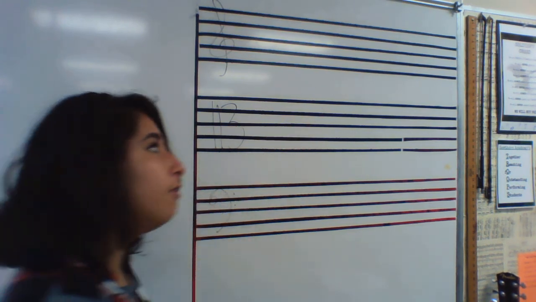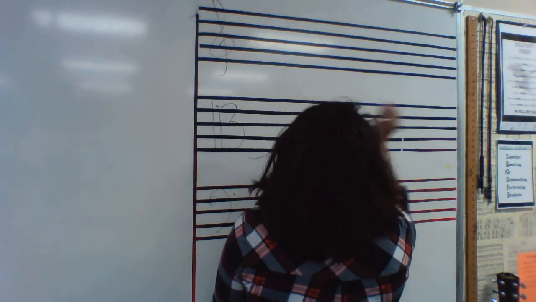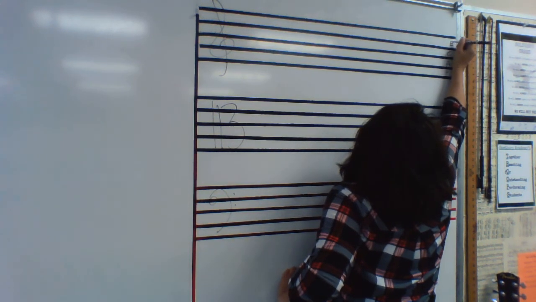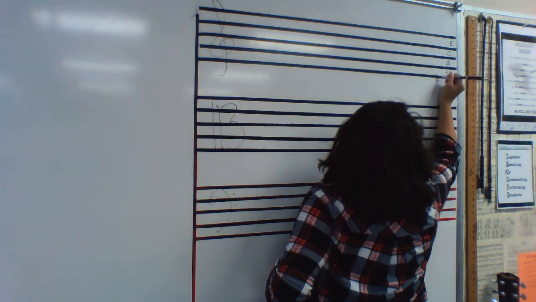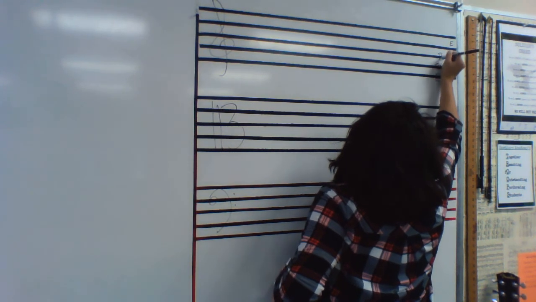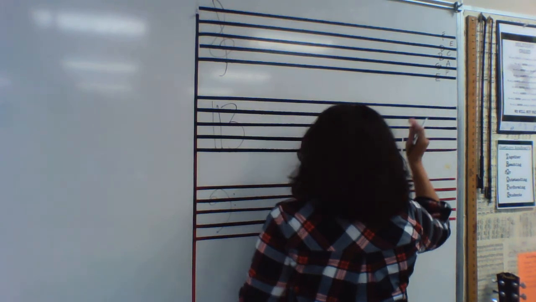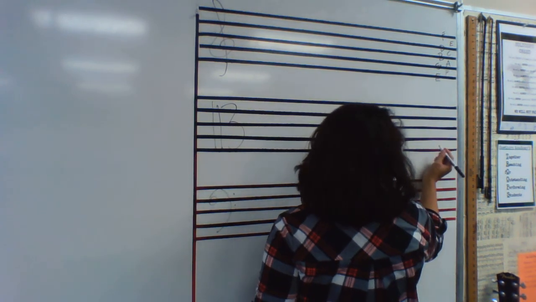Anyway, I'm going to write those on this end of the board. So we know in treble clef, our spaces spell FACE, and the lines, Every Good Boy Does Fine. In the viola clef, sorry, that got really windy.